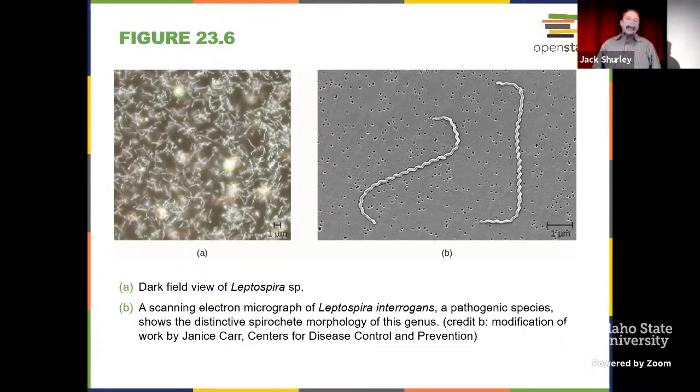I remember years back on regular TV, before it was just Netflix, commercial TV, there were lots of advertisements about Leptospira and being cautious with your pets to make sure that you were being careful with that.